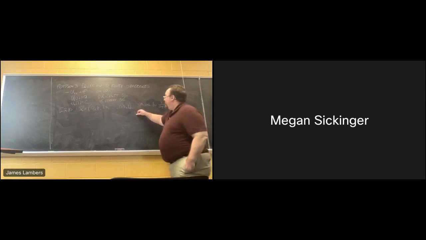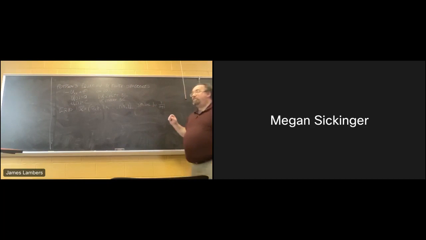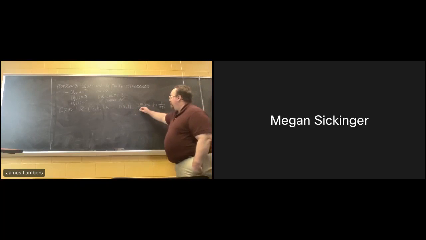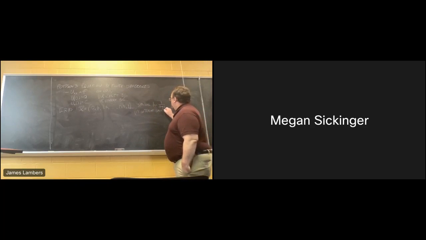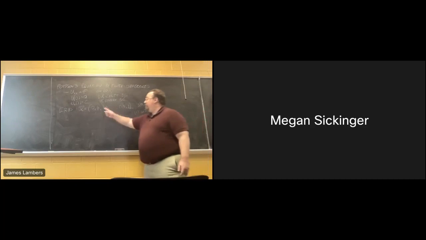This is the kind of spacing you want to use when your grid is to include n interior points. And then we also have 2 boundary points, x equals 0 and x equals 1.